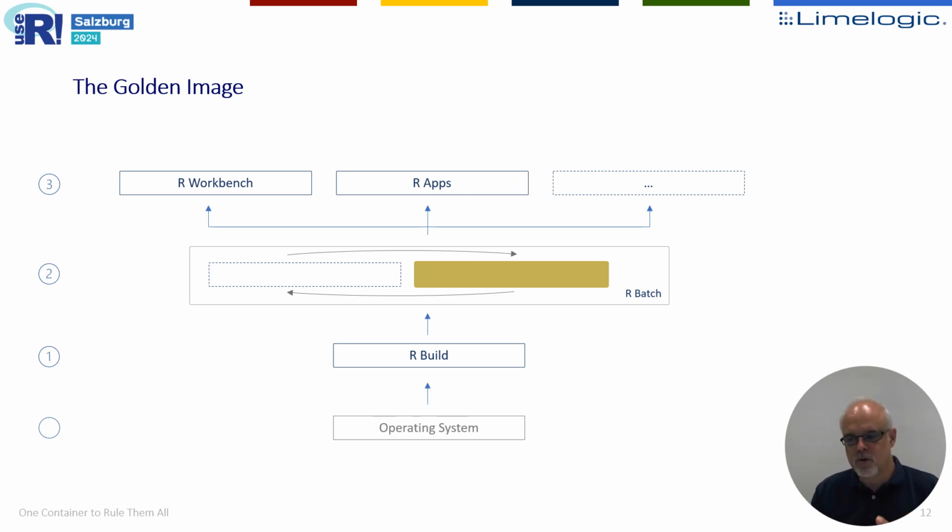And then we use the new release of R batch as the source or base image for our interface containers. So essentially, R batch becomes our golden image. That is the image that is used as a reference across all of these. The interesting thing with this approach is you're validating the packages once, but regardless of whether you are using an interactive analysis environment like a Workbench or a Shiny app, you're using the same validated packages.